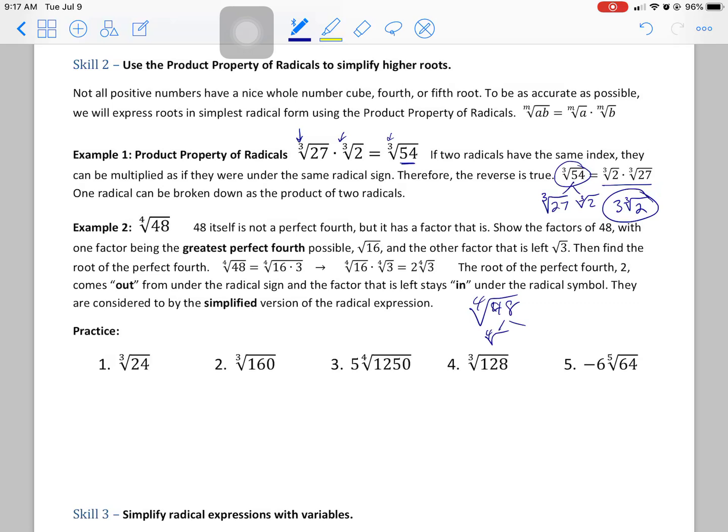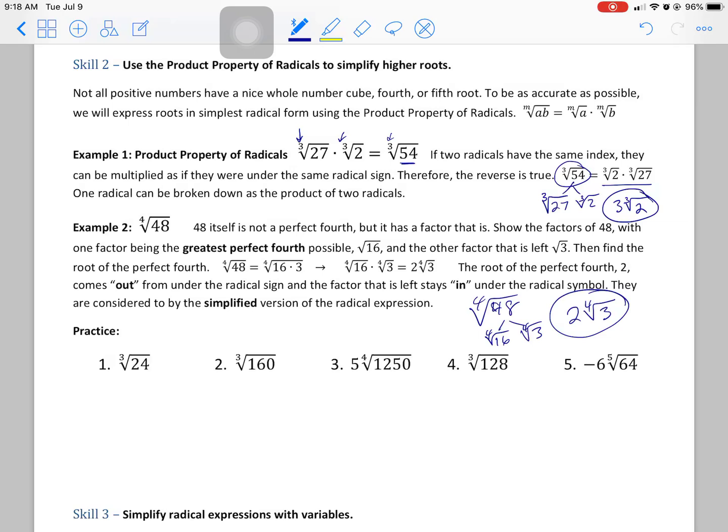So fourth root of 16. 48 divided by 16 goes in whole, and it's 3. So fourth root of 16 is a 2, 2 fourth root of 3. That's my final answer, the simplified version of the fourth root of 48.